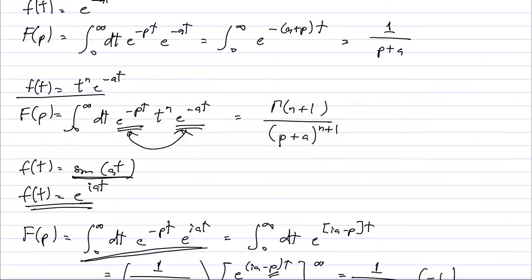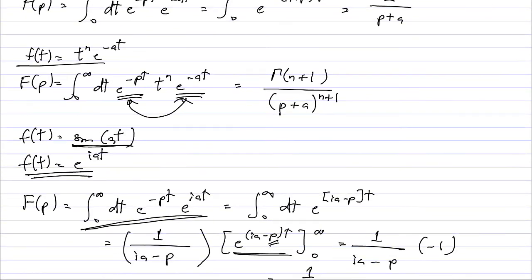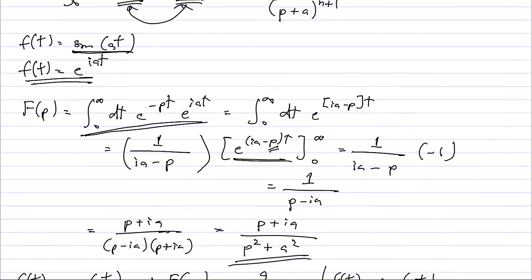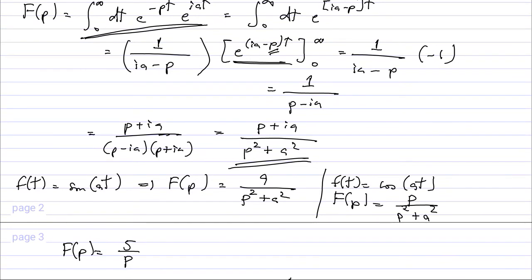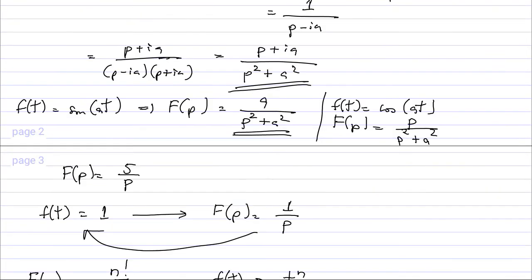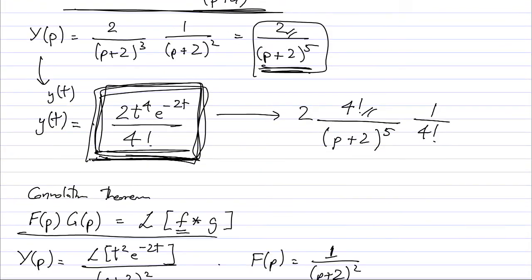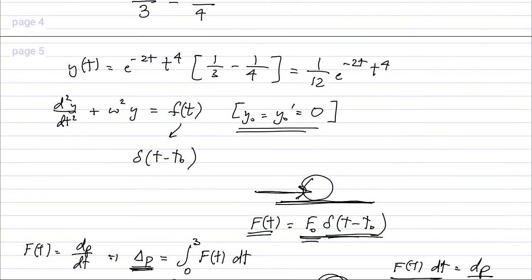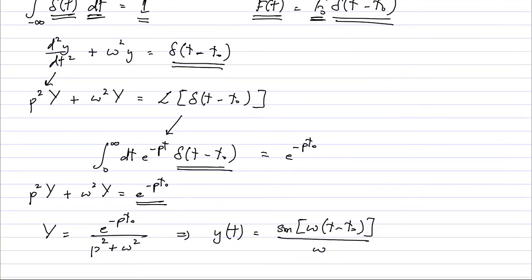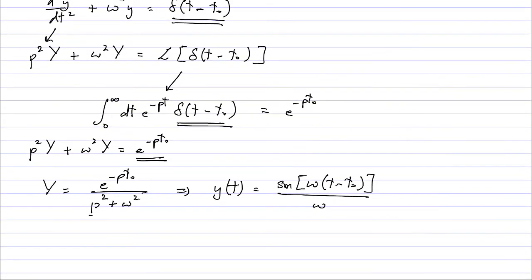That is just some constant divided by p square plus a square, and so because of the p square plus a square in the denominator, we expect that, because you have p square plus omega square over here, that's why you're getting the sine over here.